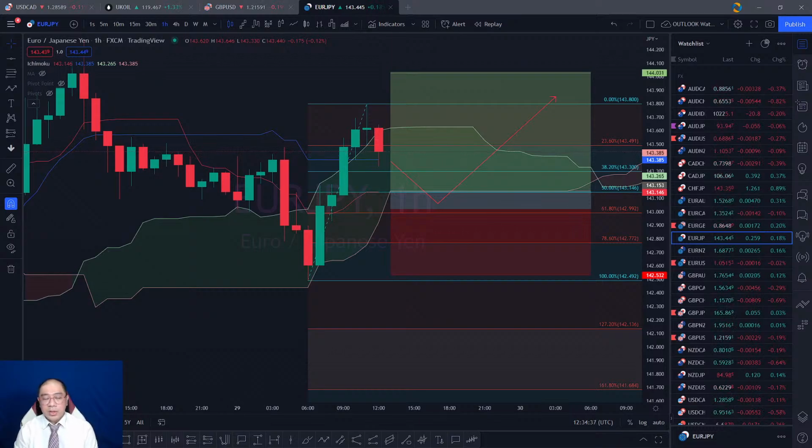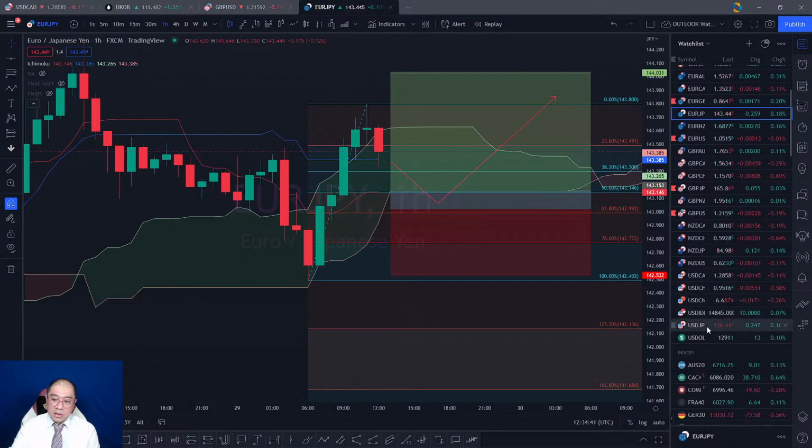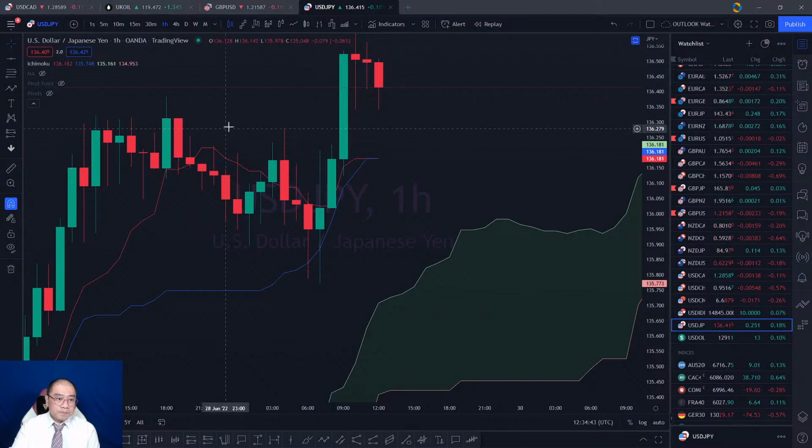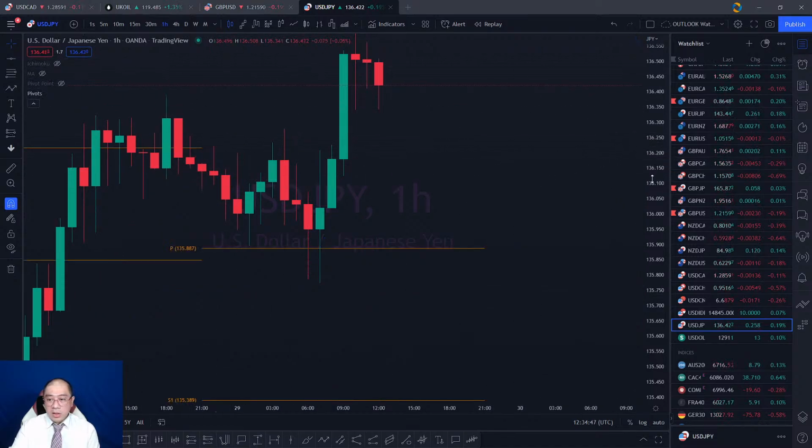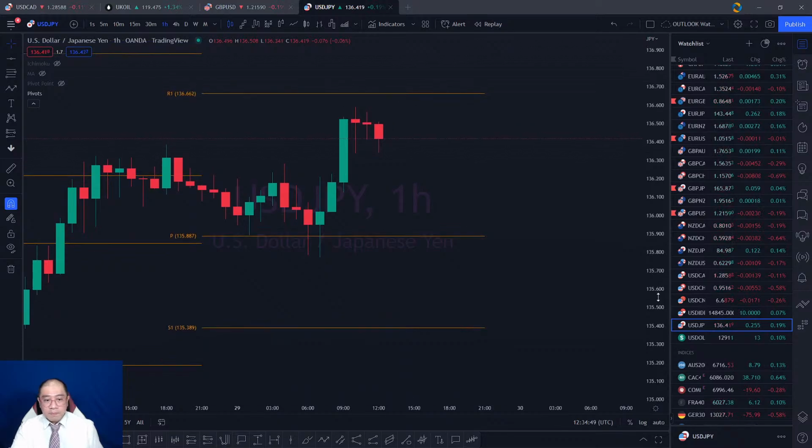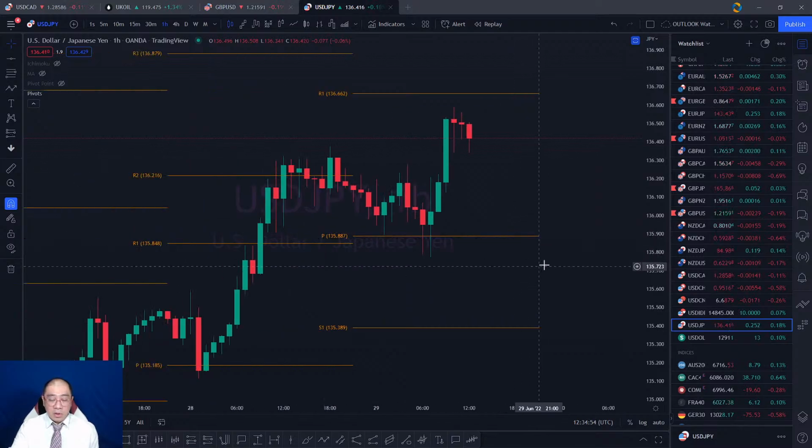If you are intraday trading on the dollar yen, let me bring up the dollar yen so you can see what's going on here. So here's a pivot for dollar yen. We are talking about a market that's really volatile right now.